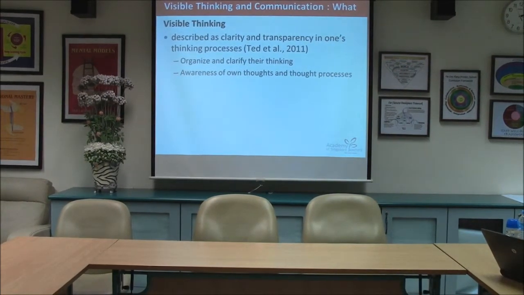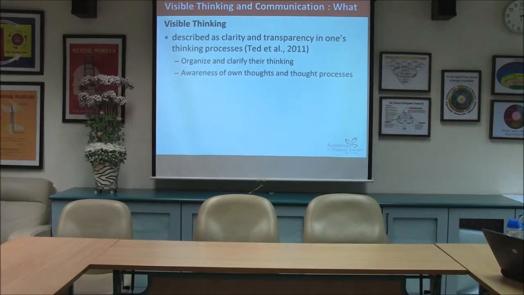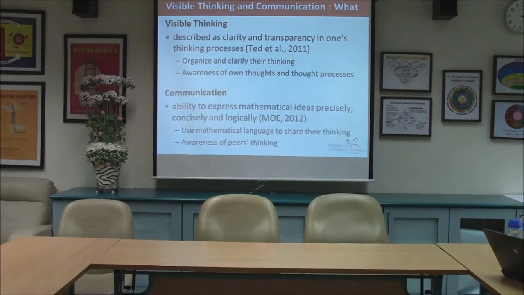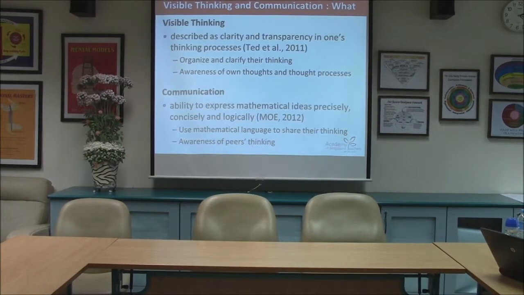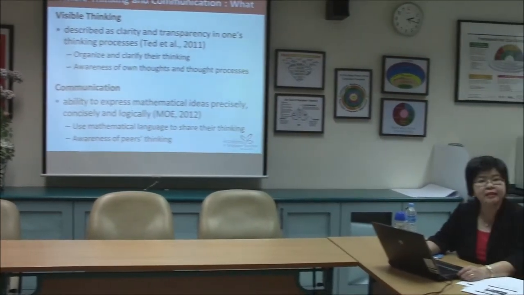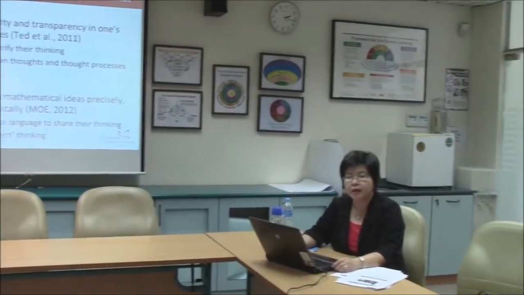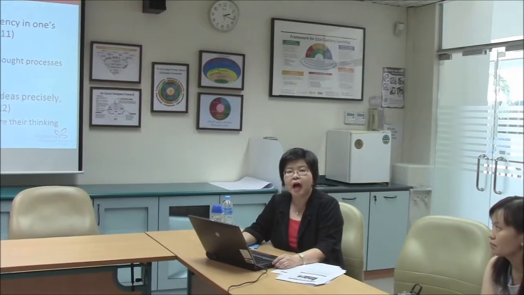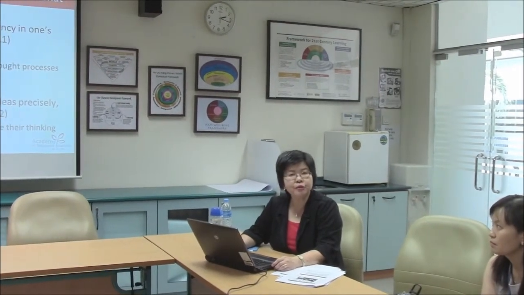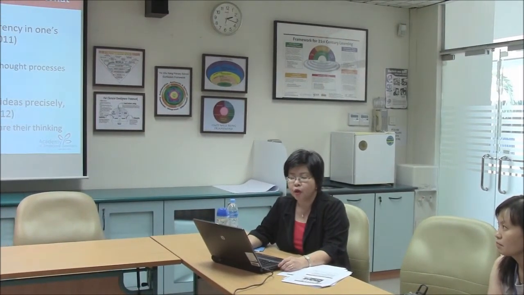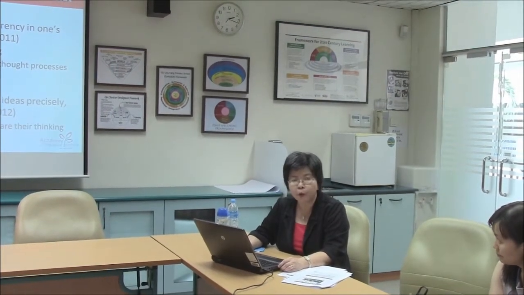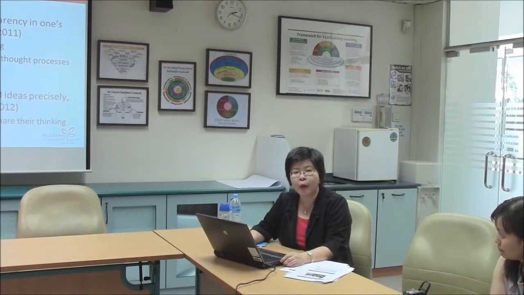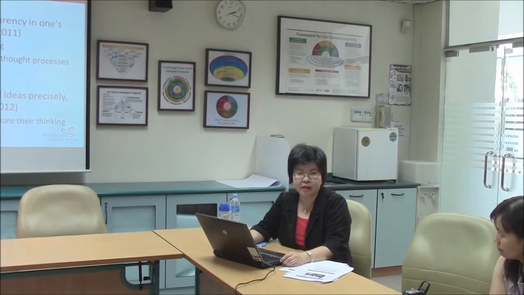They are aware of their own thoughts and thought processes. What is communication? It is the ability to express mathematical ideas precisely, concisely, and logically. This means our students are able to use mathematical language to share their thinking, to express their thoughts, and in the process, they are aware of their classmates' thinking.